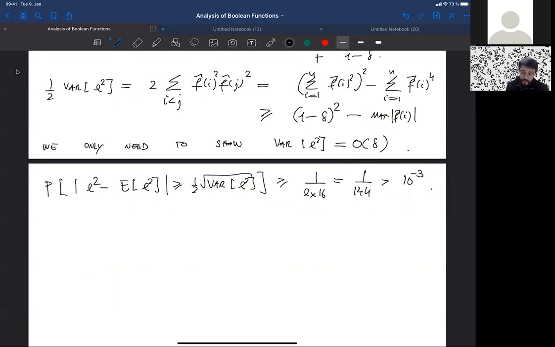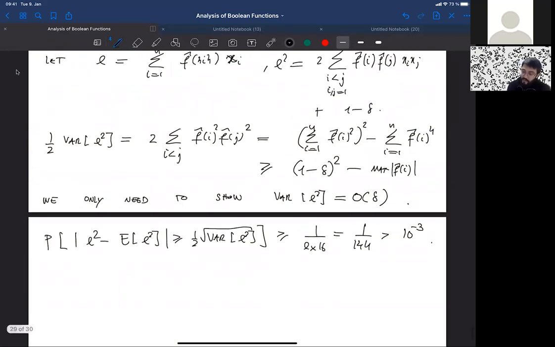But then what's the expectation of L squared? Well, we do have L squared right here. It is always the first Fourier coefficient, so this guy is exactly 1 minus delta. So this thing is less or equal than the probability of L squared minus 1 being greater or equal than.